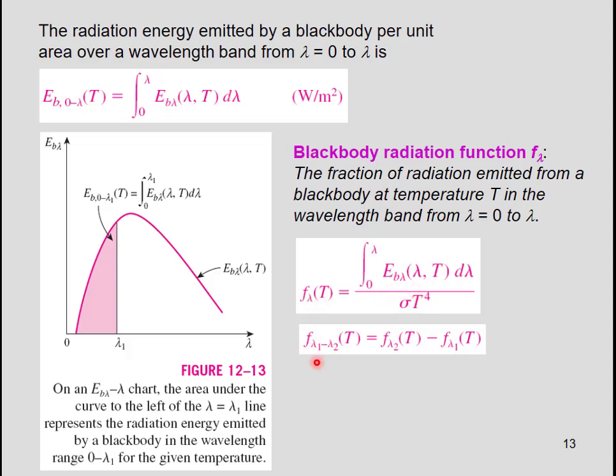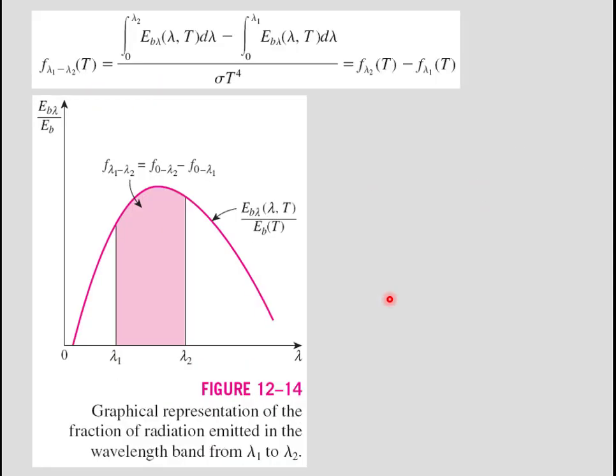And this equation can also be written like this, which is a very useful equation to calculate the radiation energy for a band of waves from wavelengths lambda 1 to lambda 2, as you can see here.